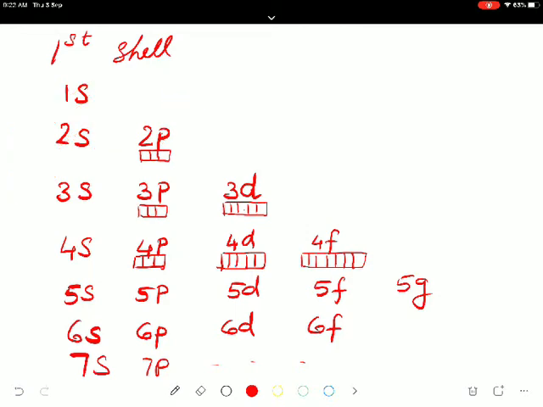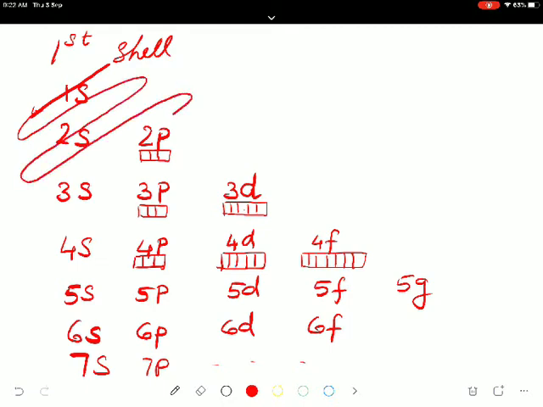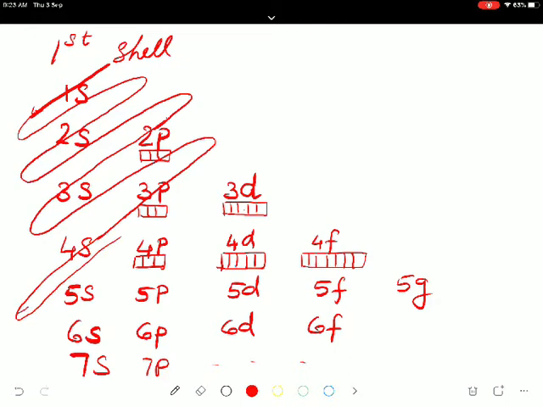Once again, first the electron will go to 1s. Then 1s will be filled. The next higher orbital in energy is 2s, then we will show 2p, then 2p will be filled. After that 3s will be filled, after that 3p. After 3p comes 4s, then 3d will be filled, followed by 4p, then 5s.